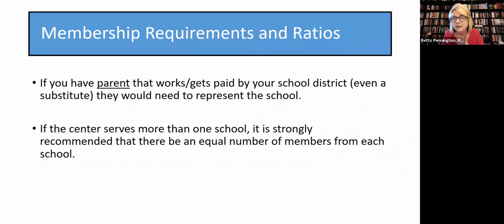They would need to be considered a school representative. Sometimes people miss that when they're asking people to join their council. If the center serves more than one school, it's strongly recommended that there be an equal number of members from each school. You wouldn't want it to be one school heavy. Any questions on that? Okay, we'll go on to the next slide.